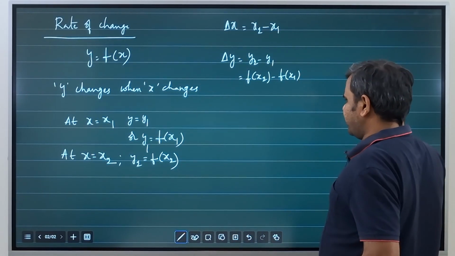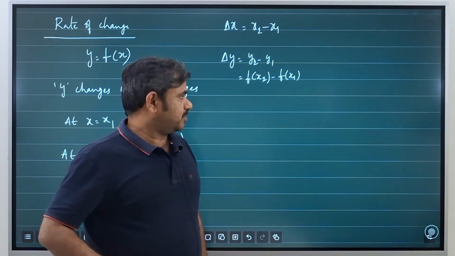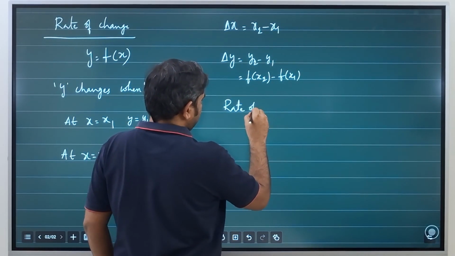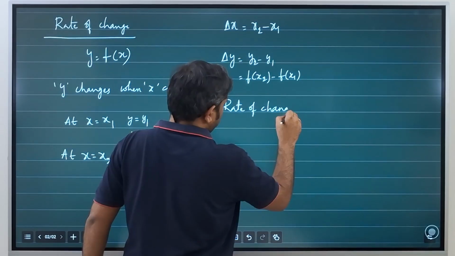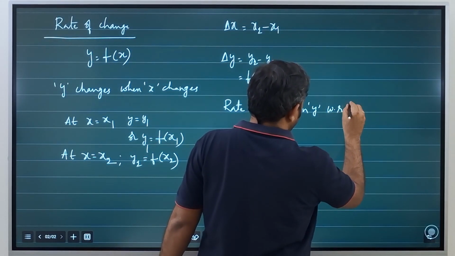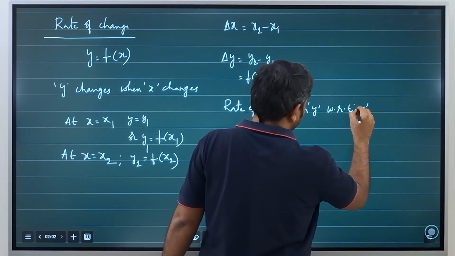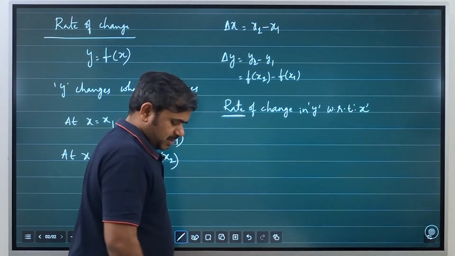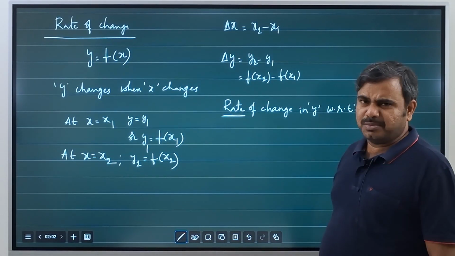Now what do we mean by rate of change? Rate of change in y with respect to x. Rate means per unit, that's what it simply means.